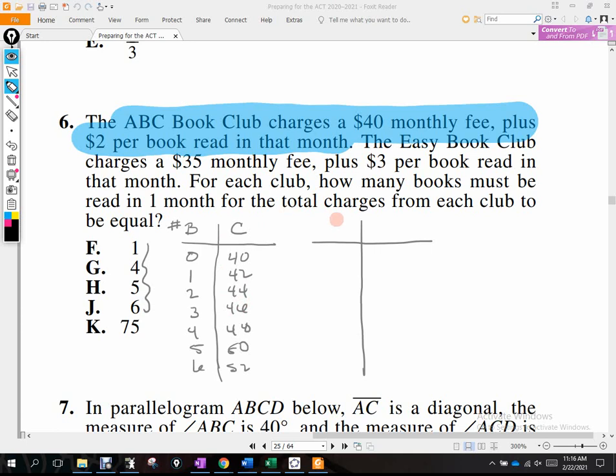Okay, so this is the easy book club. So number of books and then cost. So 0 books would cost me how much? 35. 1 book would cost me 38. 2 books would cost me 41. 3 books would cost me 44. Okay.